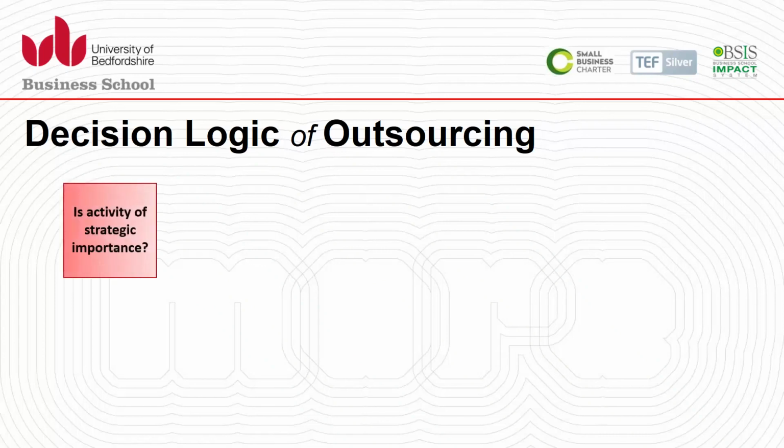So the important idea is how do you make a decision? The first important bit is the activity we have to consider. Is it a strategically important activity, both in manufacturing or servitization? Is the answer yes or no?